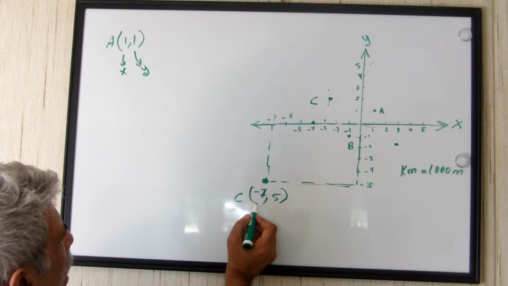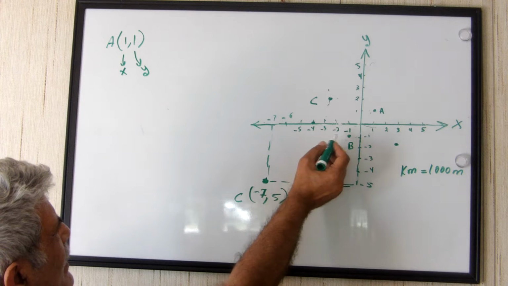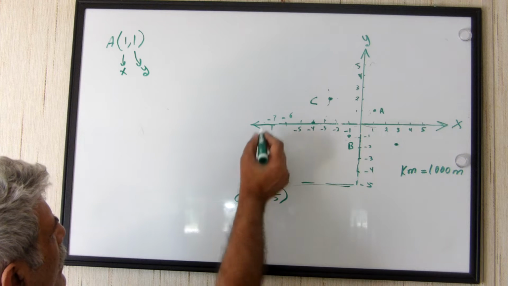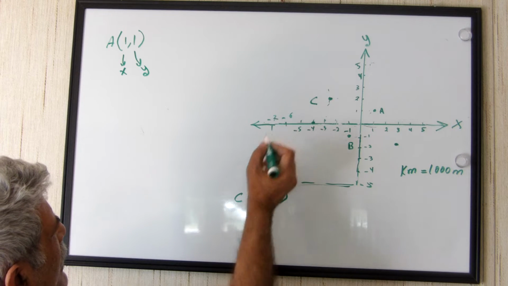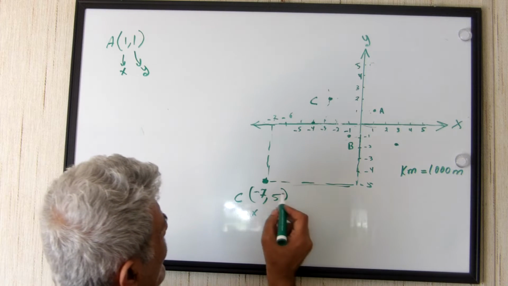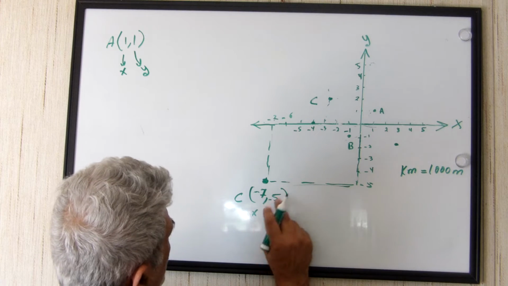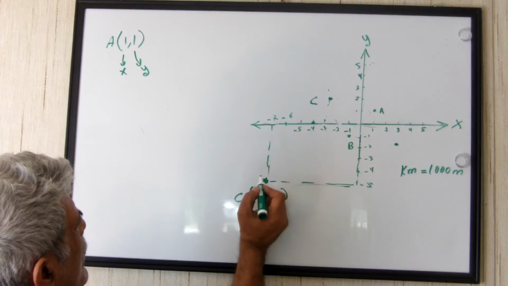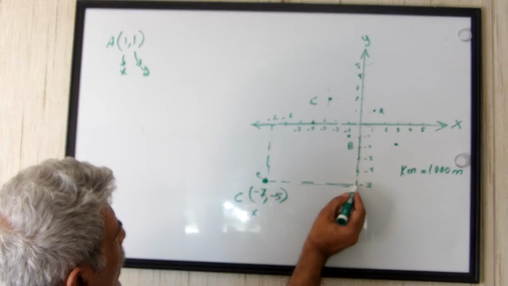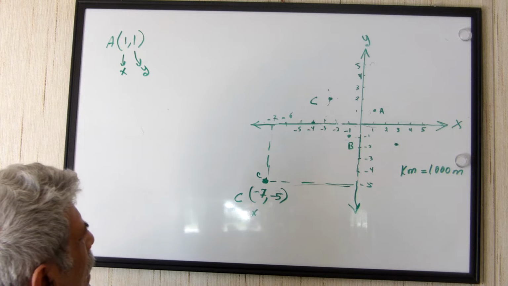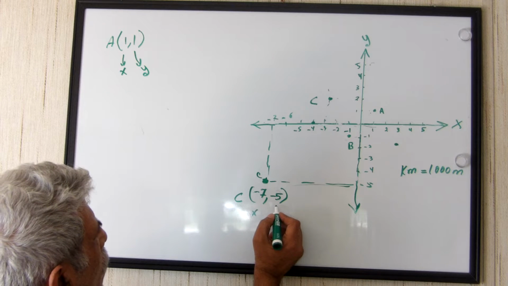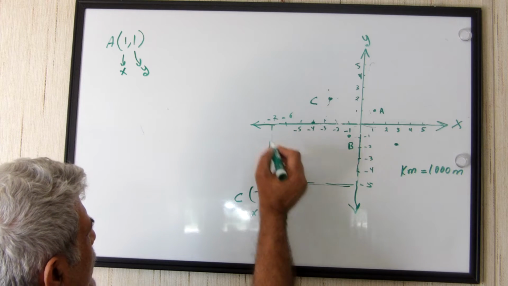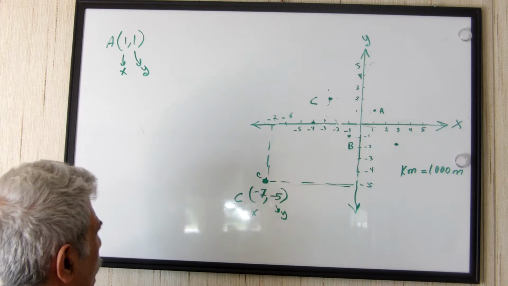We say -7, -5. The value of x is -7 and the value of y is -5.